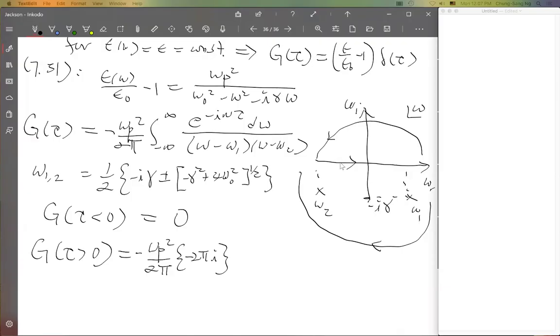Now you sum over the two residues. For the residue at omega 1, you set omega equal to omega 1. Then you cancel the omega 1 term, and this becomes omega 1 minus omega 2. Then you add the contribution from the residue of the omega 2 pole. You cancel this term, and you get omega 2 minus omega 1.